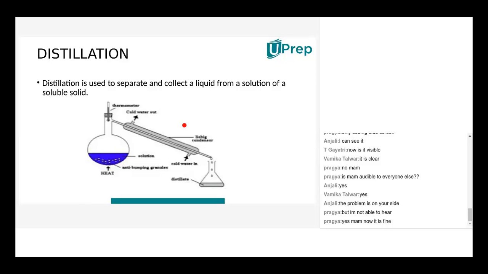This liquid will vaporize and pass through the condenser. The condenser has a thin wall inside. From this thin wall the vapors pass, and the thick wall is where the water passes. This water lets the vapors cool down and convert into liquid state. We'll collect the liquid over here. Here condensation takes place. Ma'am, I understood well.